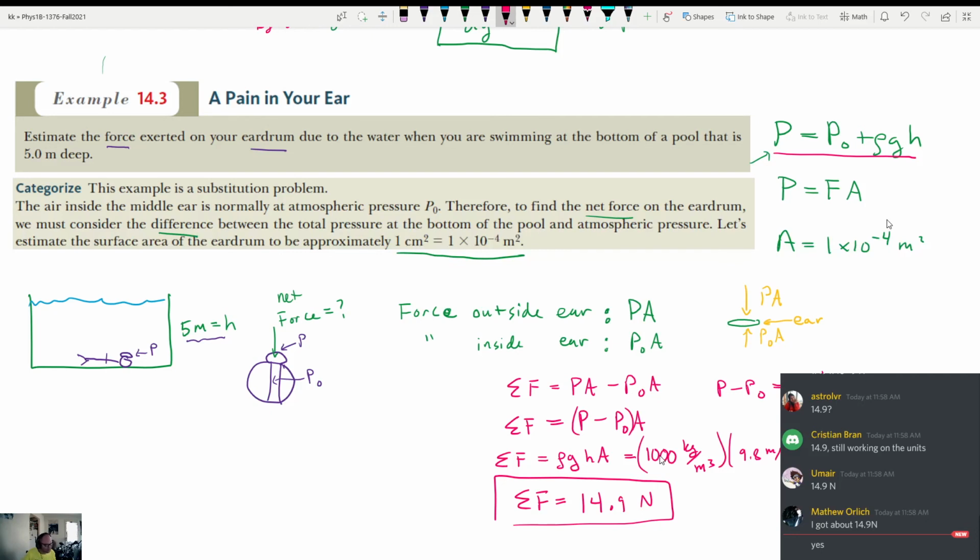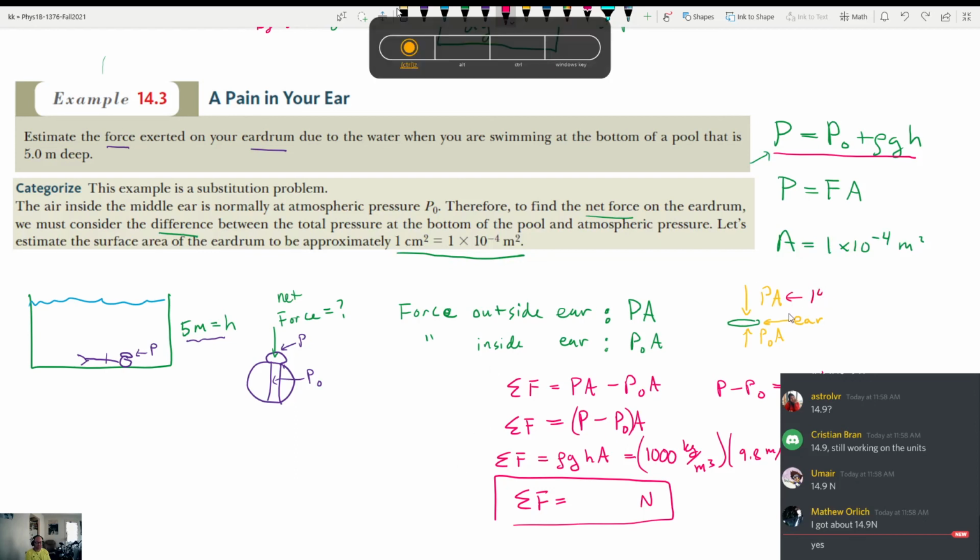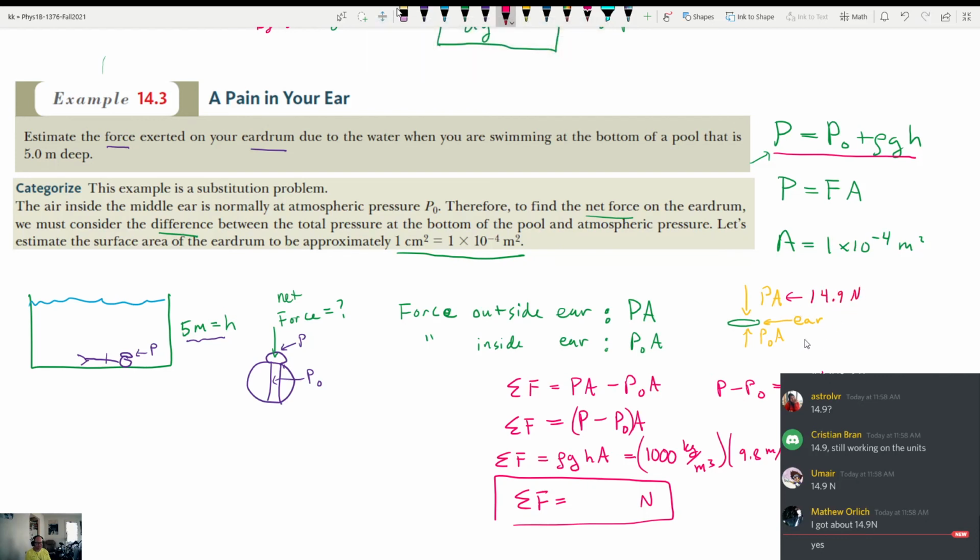I got 4.9. Oh, I know why you guys got 14.9. That's going to be what this is equal to, isn't it? I bet this is 14.9, and I bet this is 10 newtons. So the answer is 4.9 newtons. I think that's what's going on. Is that how you all got 14.9?